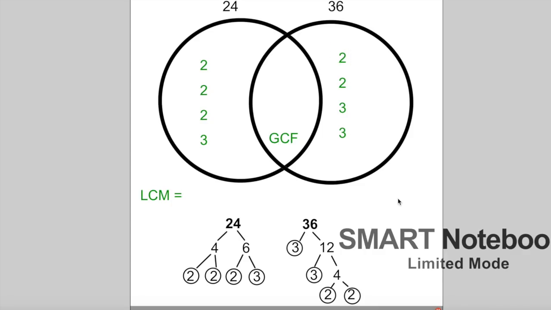So after we've listed them in our diagram, we can look for similarities across. So we see that we have 1, 2 here that can match to this 2 here. And we can go ahead and add that 2 to our middle section. Similarly, we have another 2 here that corresponds to this 2 over here.